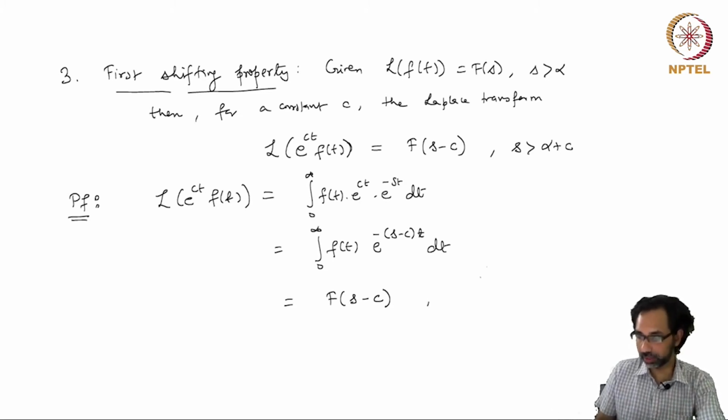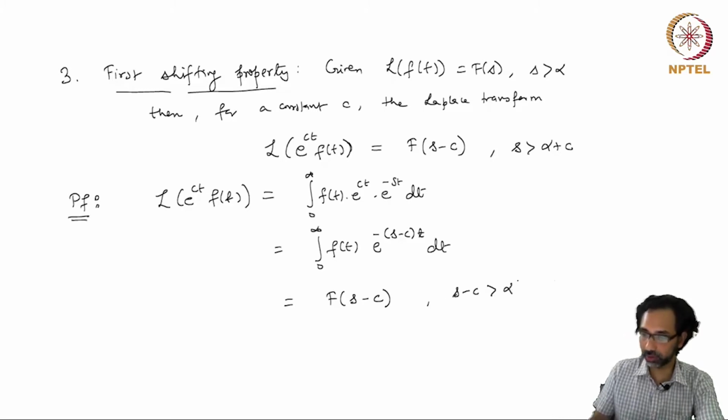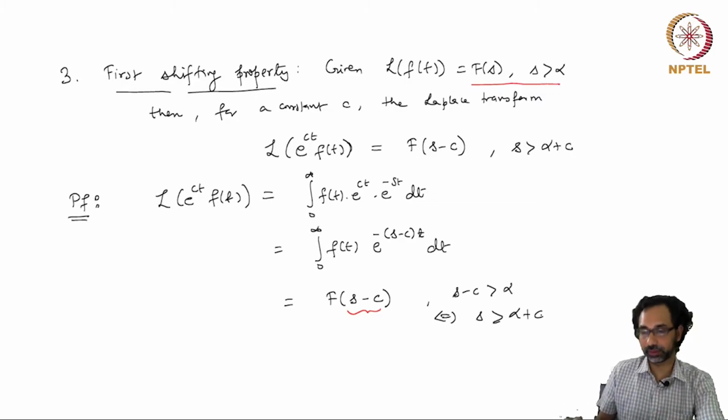The only thing that remains is to compute the region of convergence, but we need s minus c to be greater than alpha because our initial function F(s) is defined for s greater than alpha. So it should be s minus c greater than alpha, but this is nothing but s greater than alpha plus c.